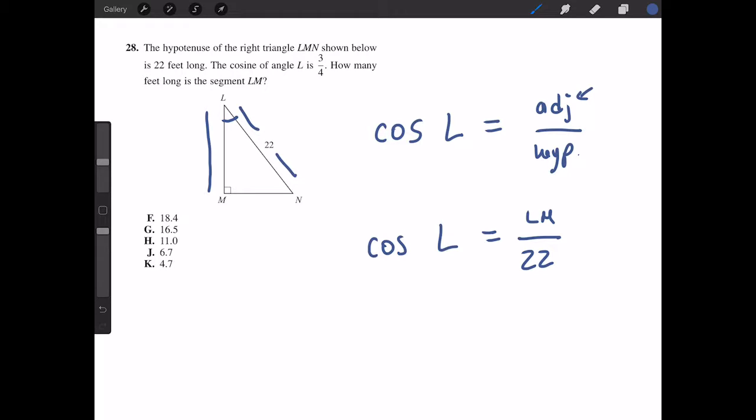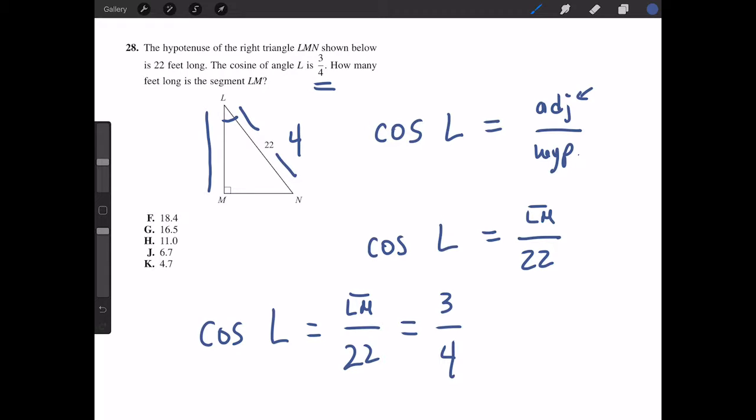Now, if the cosine of angle L is 3/4, we are allowed to do something interesting here. We can say cosine of L, which is equal to the segment we're trying to figure out divided by 22, is equal to 3/4. Because when we're working with trig functions and right triangles, we're always using triangles that are proportional to each other, we know that 4 would be the 22 and 3 would be the segment LM.